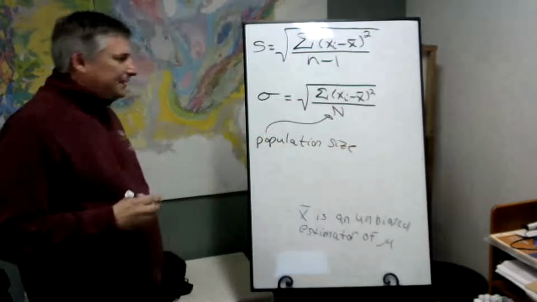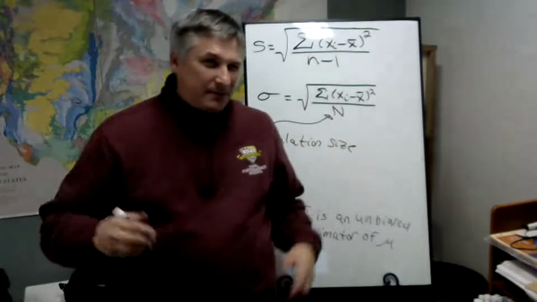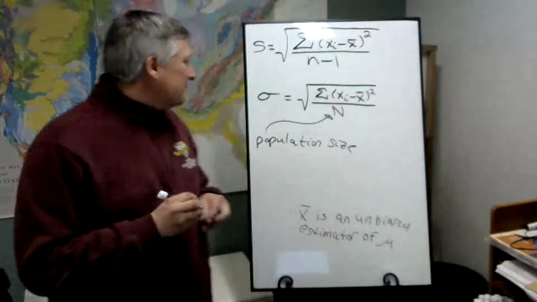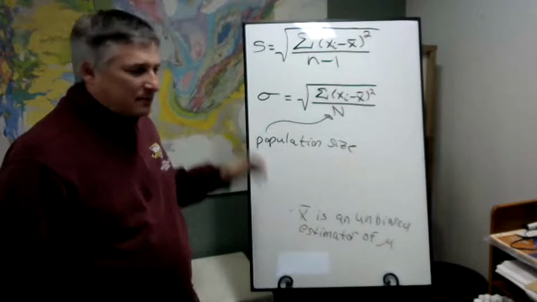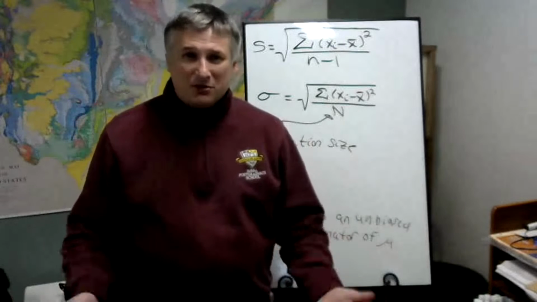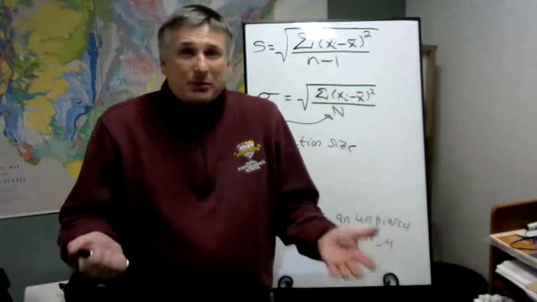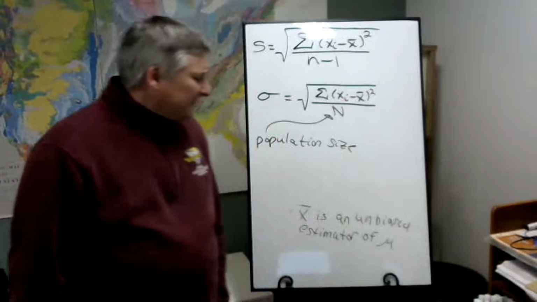Now, what we're going to see in an example is that if we have a sample large enough, we're still going to use S to approximate sigma and use X bar to approximate mu. If we have a sample that's big enough, that's what we're going to do in one of the examples here.